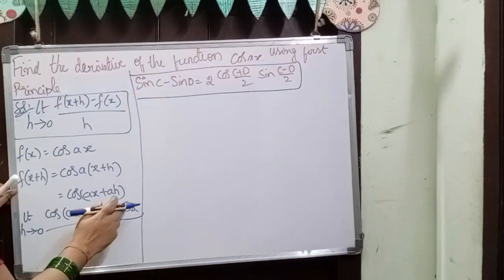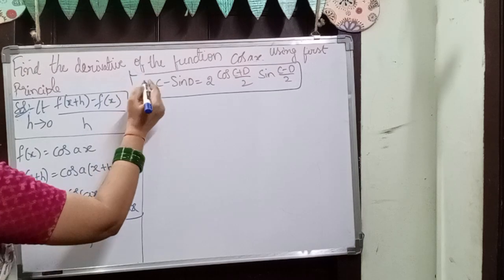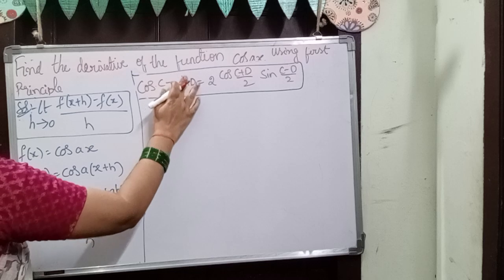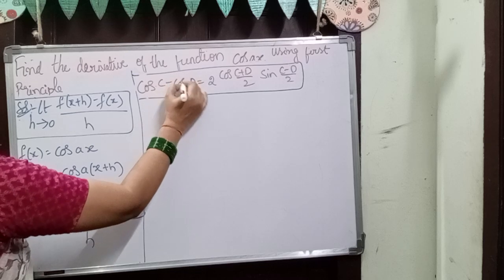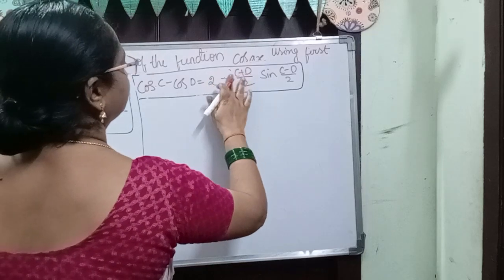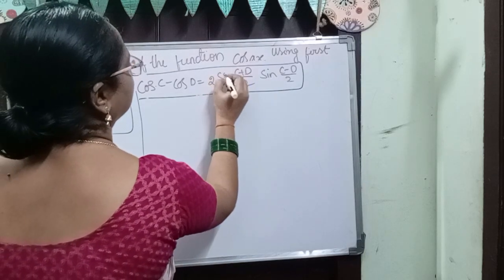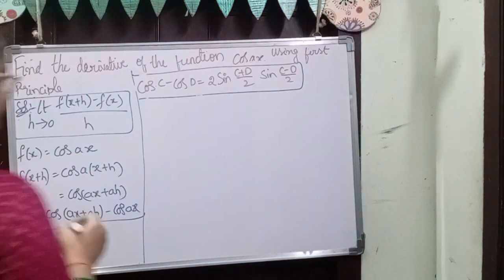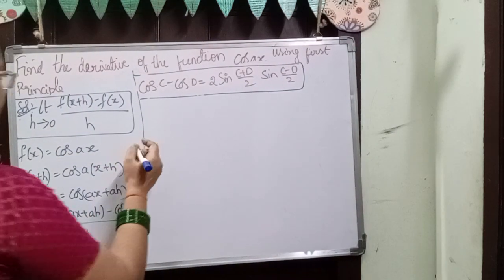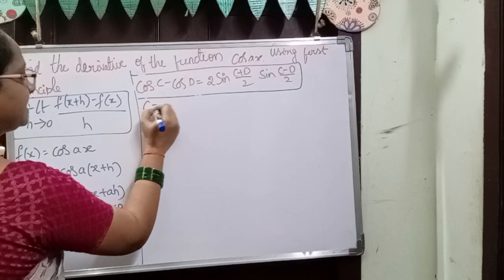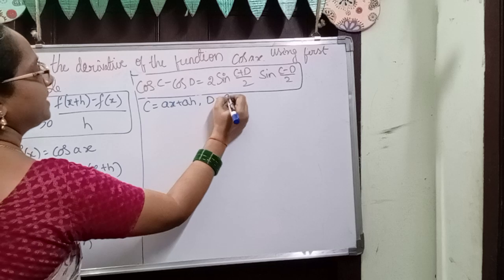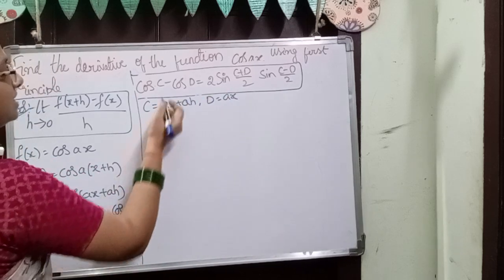Sorry, I wrote sin, just change this now. This is the formula we have to use for this. Now substitute here. What is the c value? c is equal to ax plus ah and d equals ax. Now substitute.